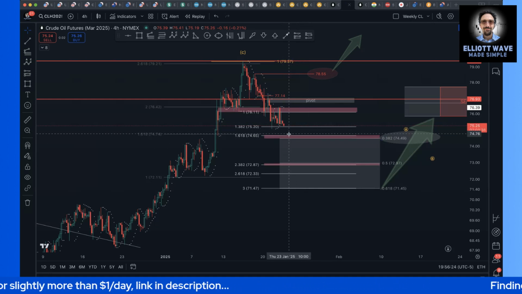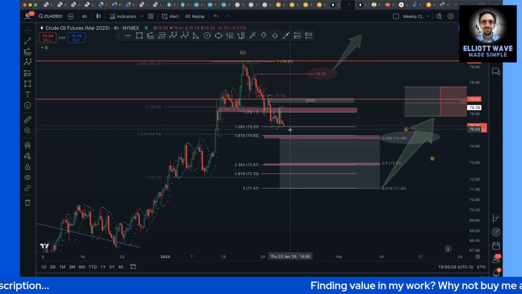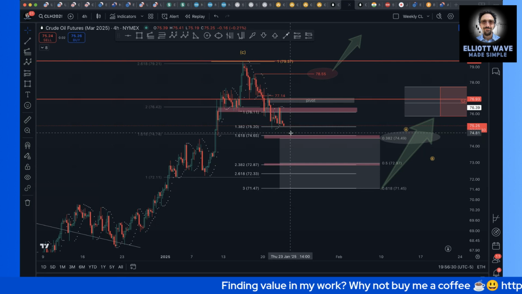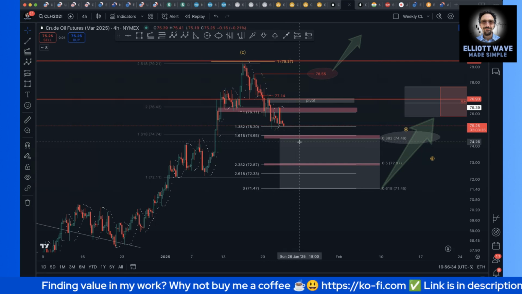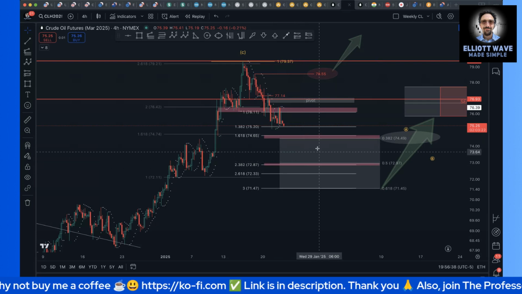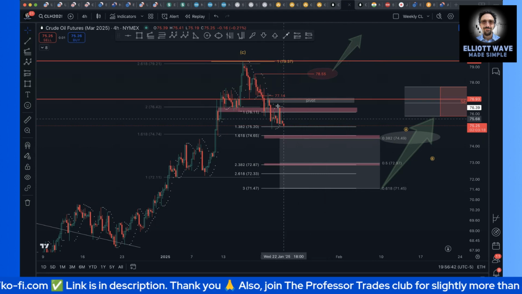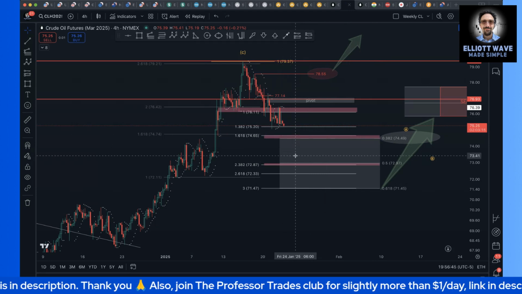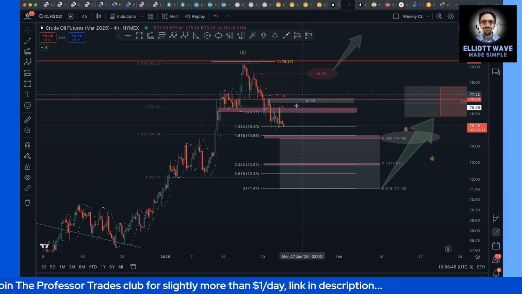Now, if it comes down and slows down, if I happen to be looking, I'm going to look at it later tonight. I'm going to look at it first thing in the morning. Usually I start looking at the markets around 6 a.m. If it's considerably below this 1618, I'm going to leave it all on, and I'll look to take it off somewhere down here, because if it's going to extend in what I'm going to consider the wave 3, I'm going to measure for the wave 4, which should come nowhere near this area.